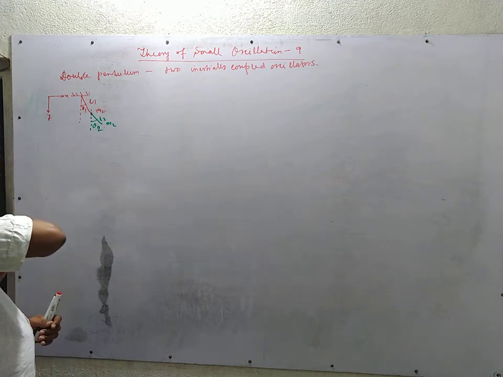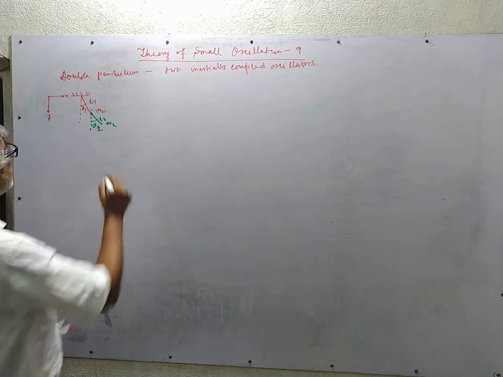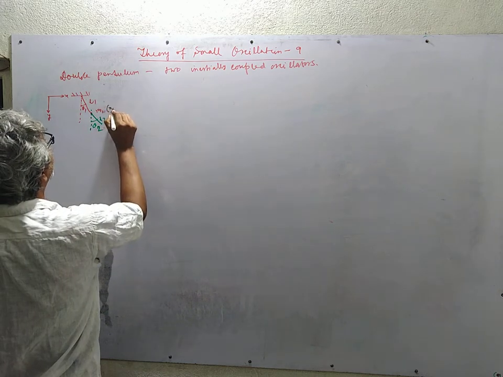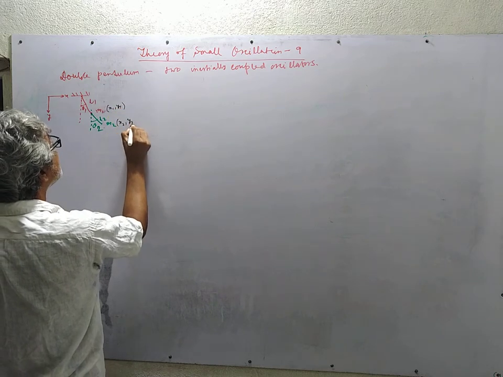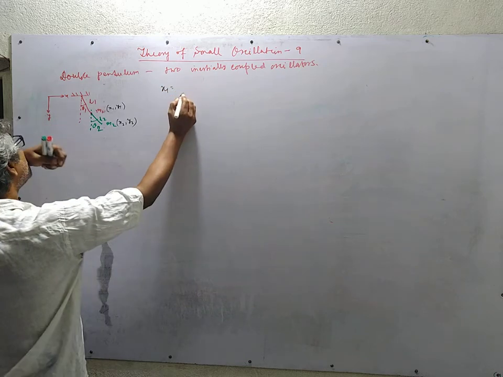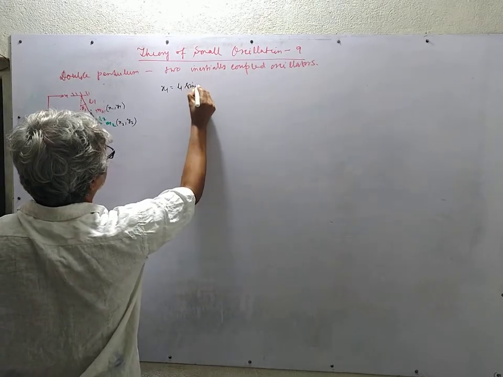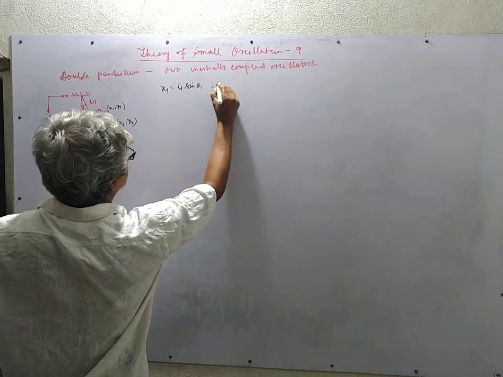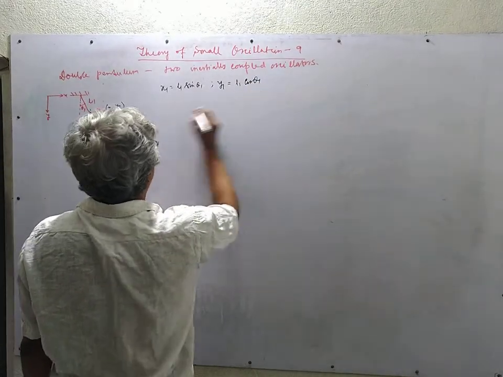If we write the position of mass 1 as x1, y1, and that of mass 2 as x2, y2, then clearly x1 is equal to L1 sin θ1 and y1 is L1 cos θ1.